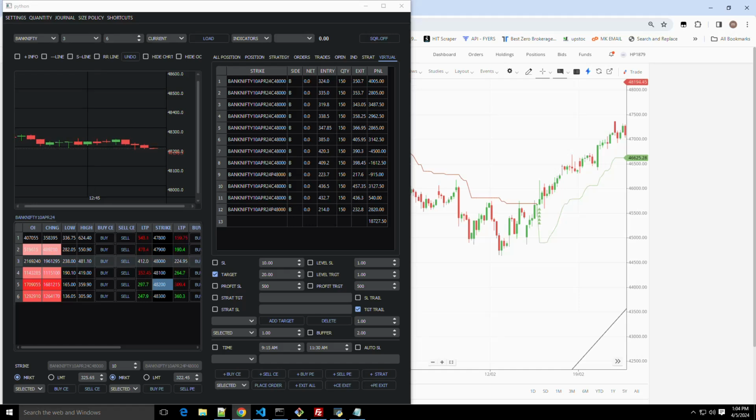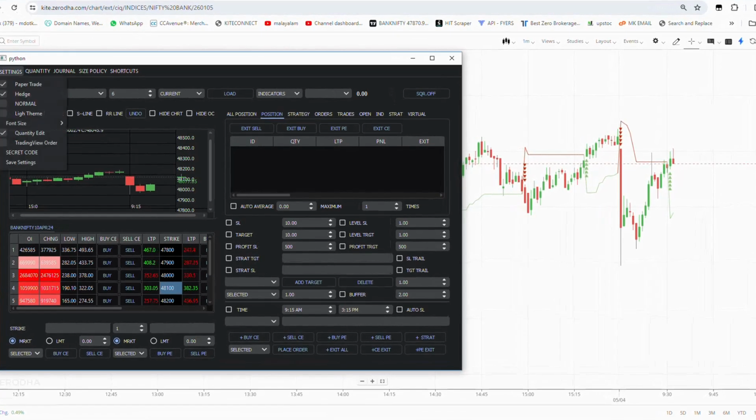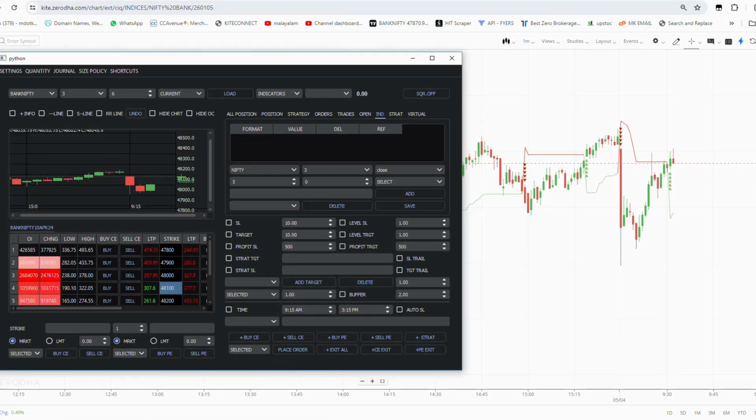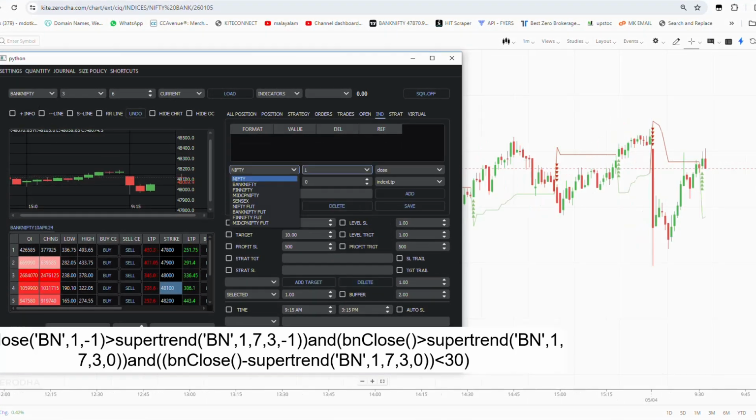Let's see how to add this in our scalping software. First go to the indicator section. Here I select my time frame and index equity. This is the format of Bank Nifty index equity. So I select close price, previous candle close price.